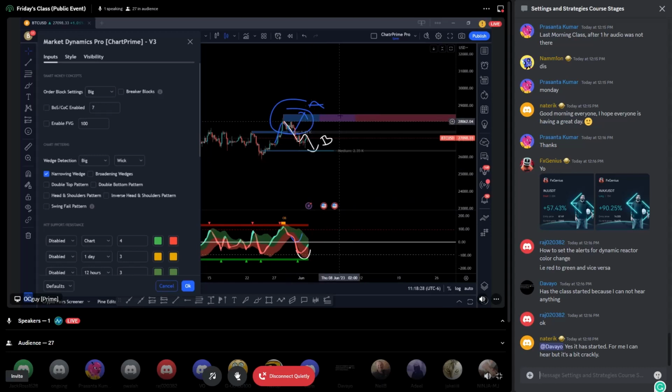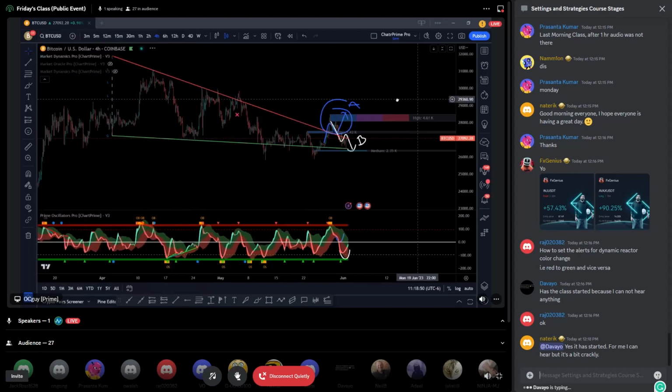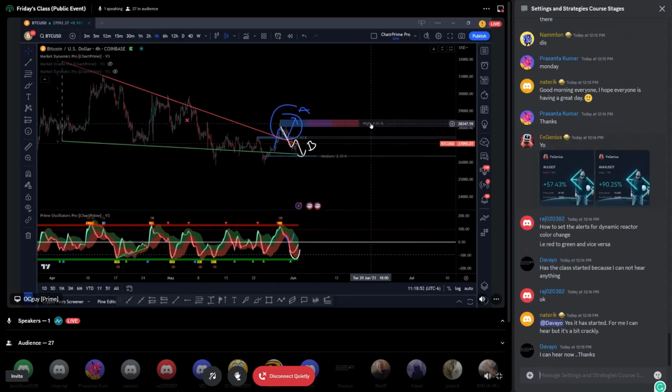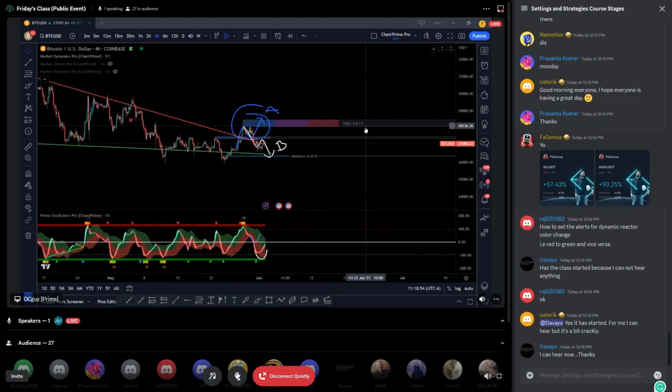You can look at these colors as a ruler, basically how strong they are. Right down here we have blue and then greenish or grayish, which means a medium strength. In this case, you can see blue, purple or gray, blue, purple, and then red. That means this red is a very high support or resistance order block.